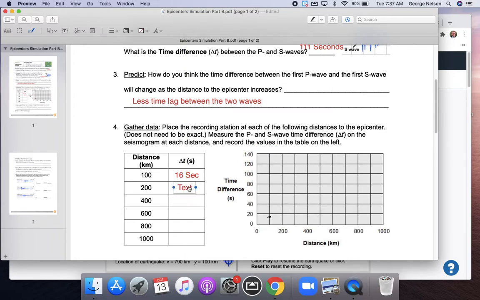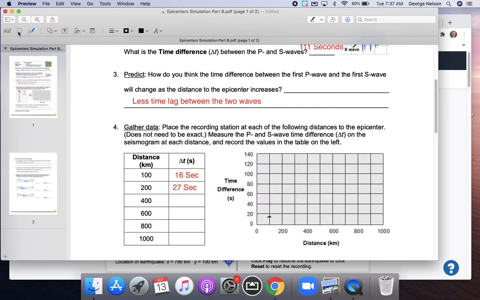So I'm going to slide here. And then, yeah. Draw another point. So at 200, about 27 is right here, if it'll let me. 27. If you notice, I'm just plotting points.